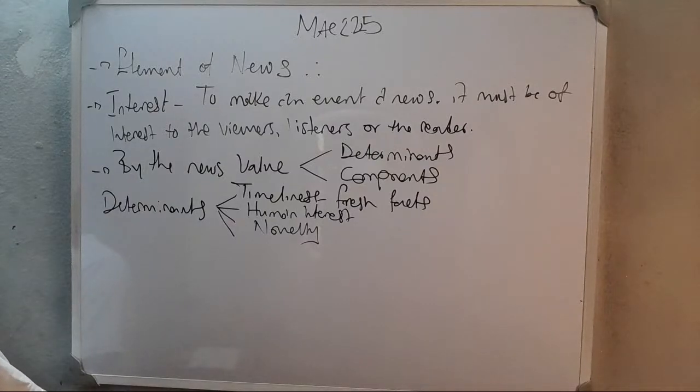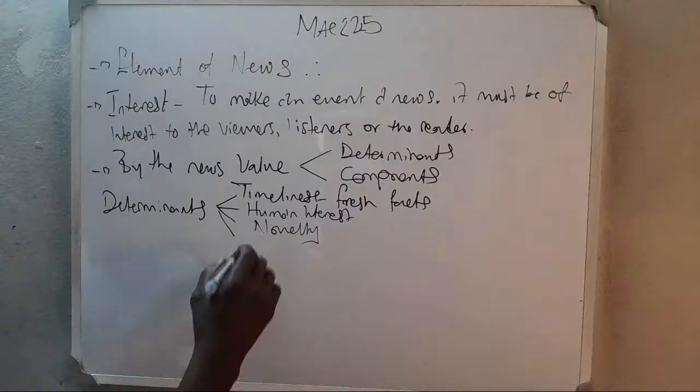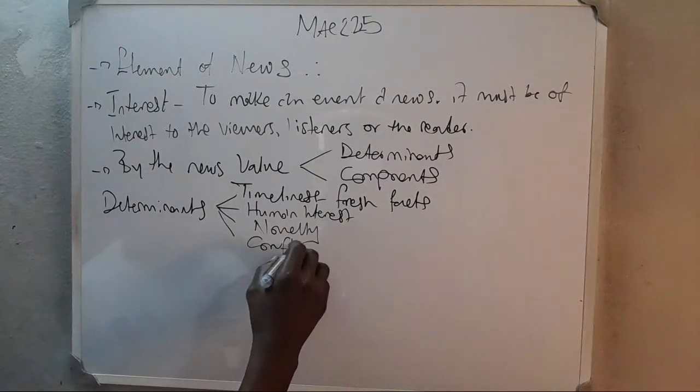So one of the elements is what we call conflict. Conflict is a central feature of most news. Sometimes it is physical, as in war or sports.